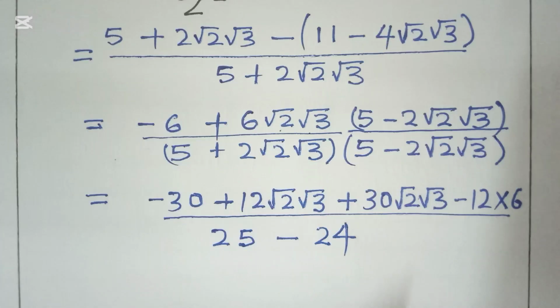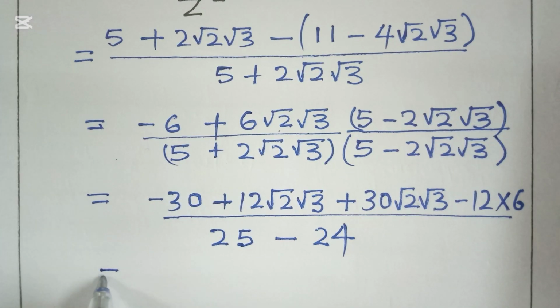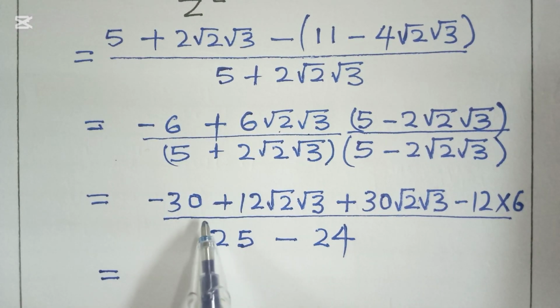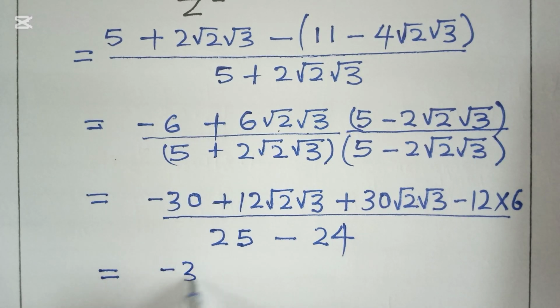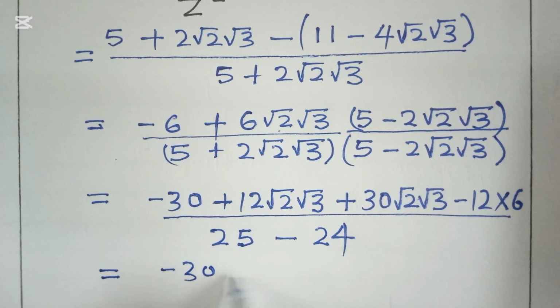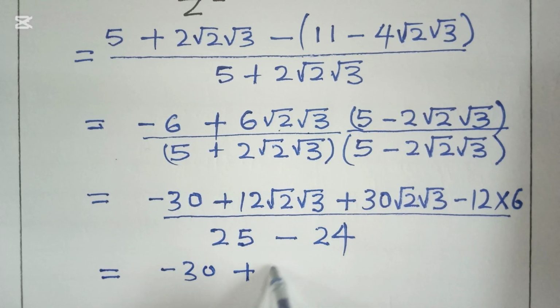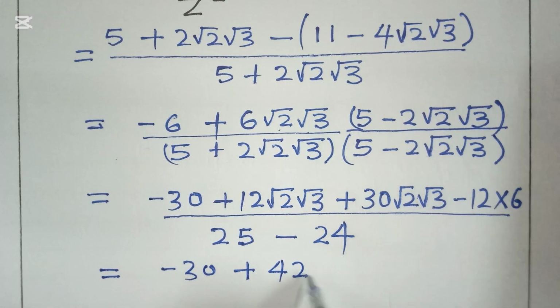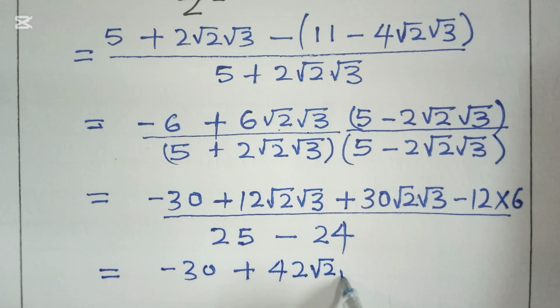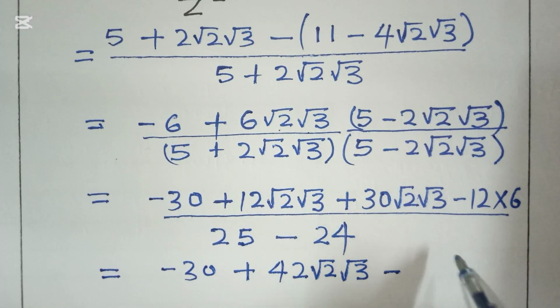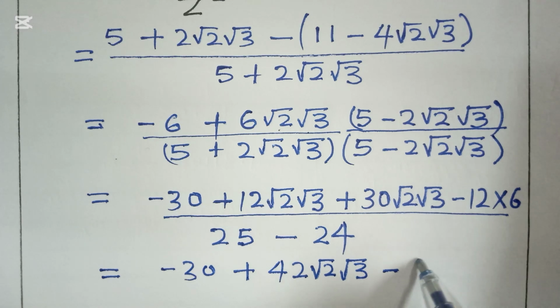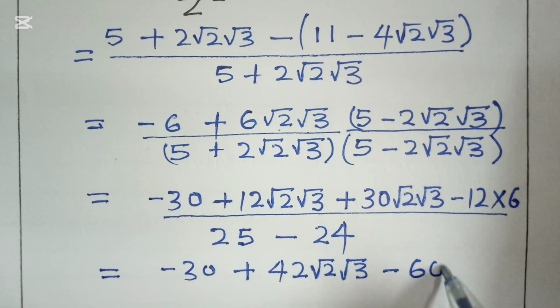And so therefore, guys, our solution then is going to be, coming here on the upper side, negative 30 plus, this is now 12 plus 30, which is 42, square root of 2, square root of 3, minus 12 times 6 gives us 60.